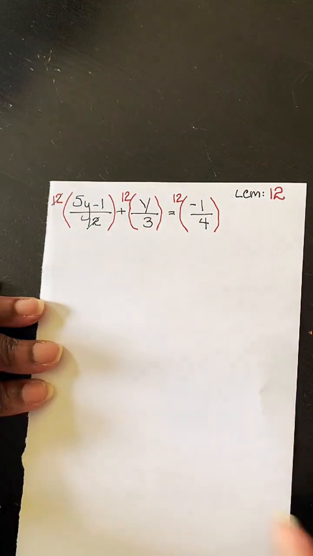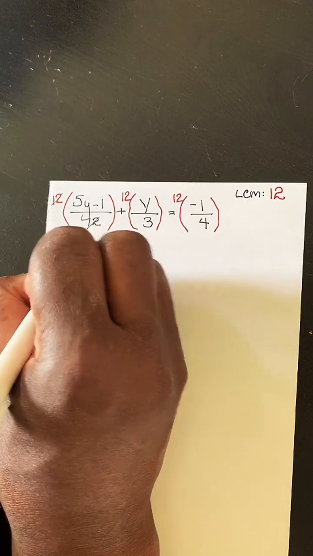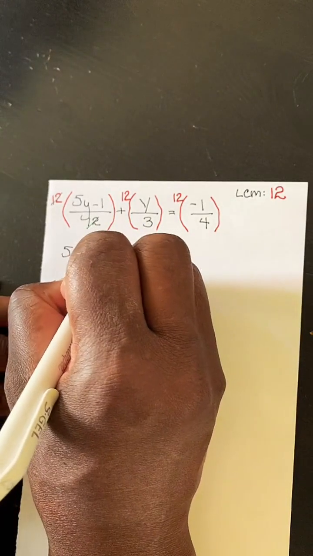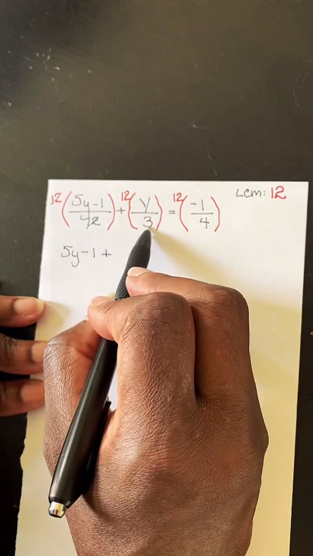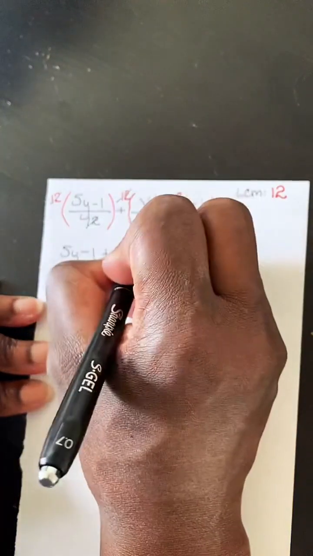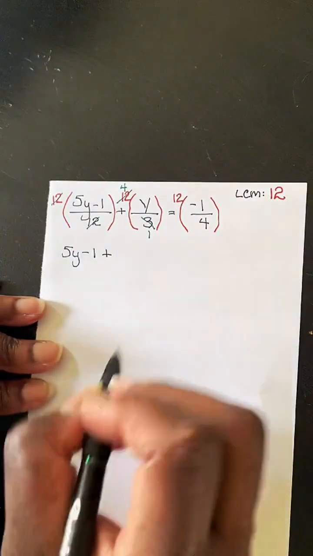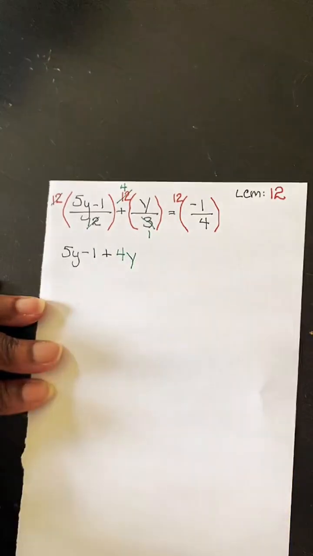That gives me 1. So that means all we have to do is bring down my 5y minus 1. Bring down the plus sign. So now we have our 12 divided by 3. 3 is gone. That's a 1. And then here we have a 4. So it's going to be 4 times y, which is 4y.